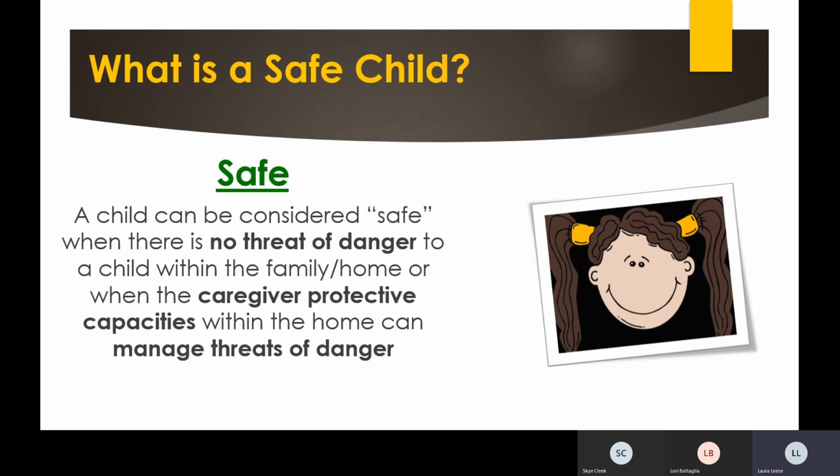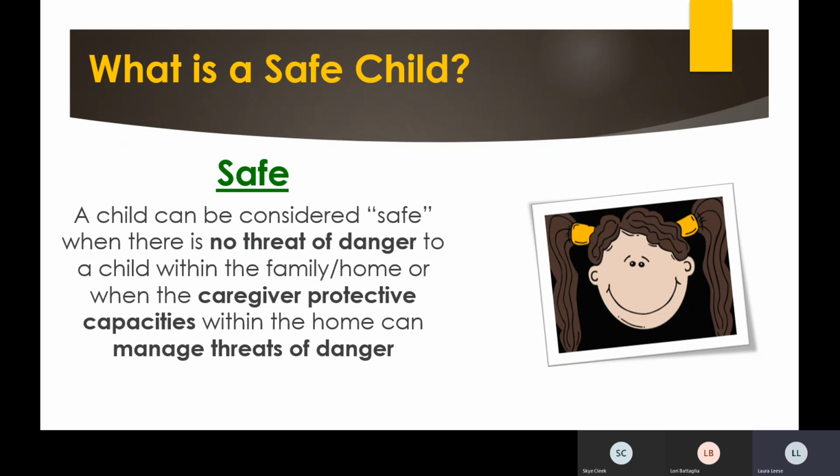Okay, so let me give you a very high level and simple example. A child can be considered safe when there's no danger threat at all. So of those 10, because remember the 11th is really other, when there is no danger threat, there are no impulsive behaviors that are out of control, there are no other issues where the caregiver may not be taking care of the basic needs, or where there may be someone who is impulsive, but the caregiver has the protective capacities to manage that.